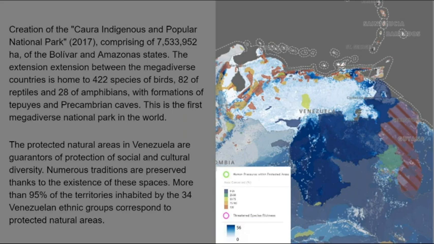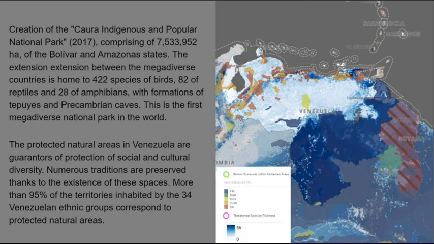This is one of the most extensive parks among the biodiverse countries, where live nearly 422 species of birds, 82 of reptiles, 28 of amphibians, with formations of tepuyes and Precambrian caves. This is the first megadiverse national park in the world.